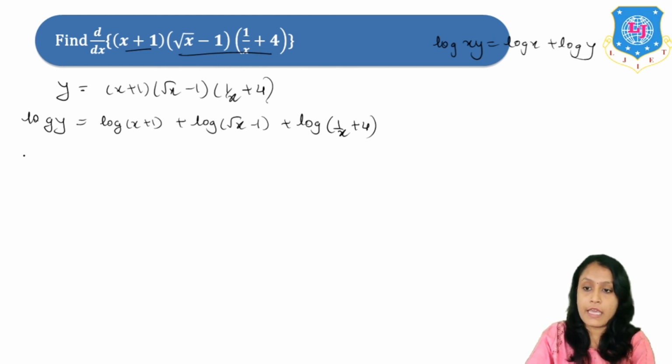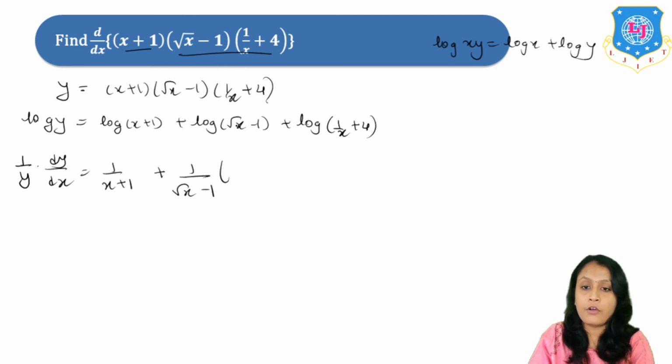Okay, now apply derivative to each and every term. Okay, so firstly derivative of log y is 1 upon y into dy by dx is equal to derivative of log (x plus 1) will give you 1 upon (x plus 1). Okay, plus now derivative of this term, so this is 1 upon under root (x minus 1). Now again we have to write down the derivative of this term also. Okay.